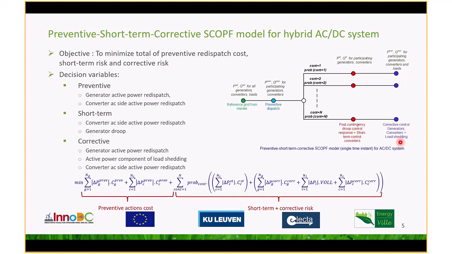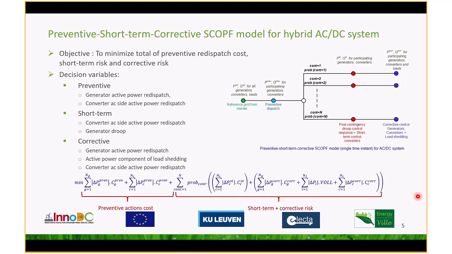The reference stage is the starting point of the optimization problem, and it is the most optimal operational state of the system. The preventive dispatch stage signifies the implemented preventive control actions before a contingency. These control actions can be in the form of generator active power redispatch or converter AC side active power redispatch.